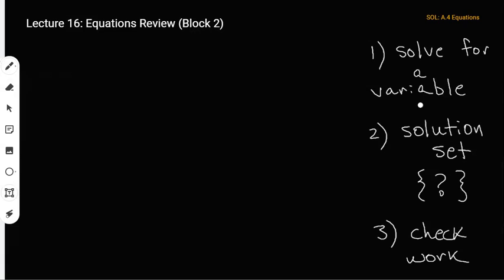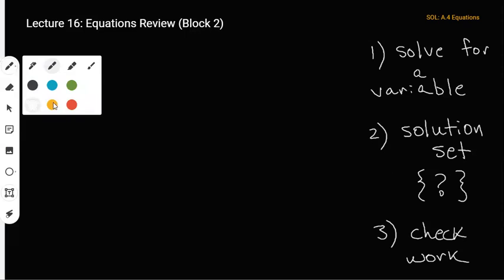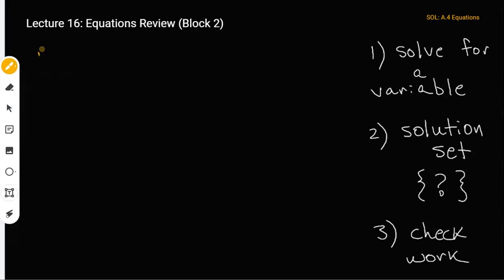All right, let's look at number 1. Okay, so for number 1, we're given x divided by 6 is equal to 5. So the first thing I want to do with this is solve for the variable. I want to get x by itself.